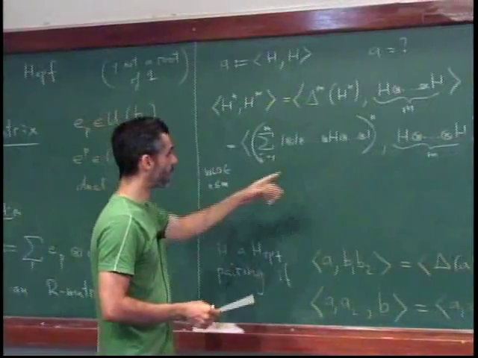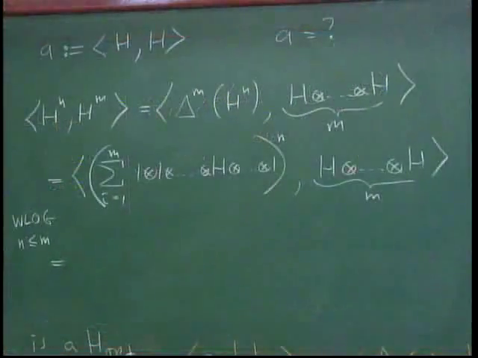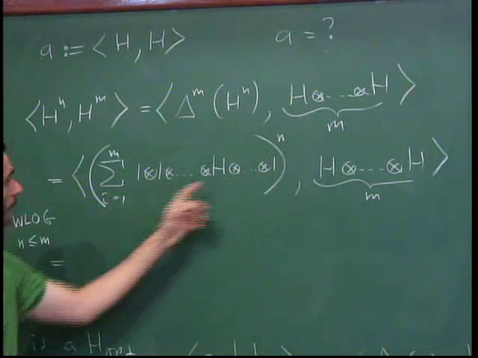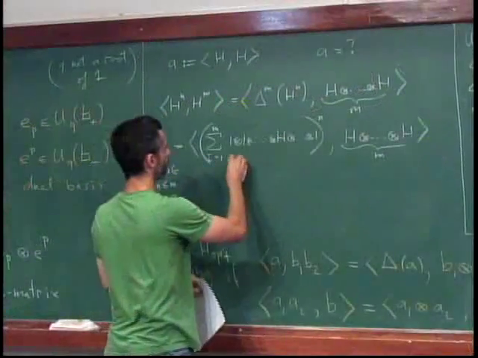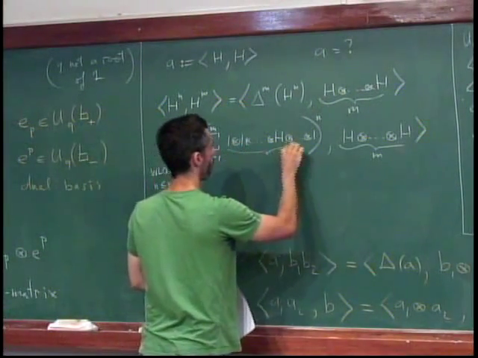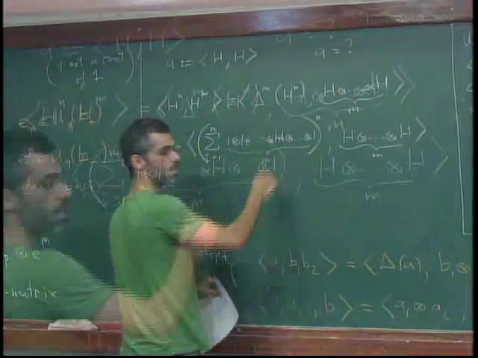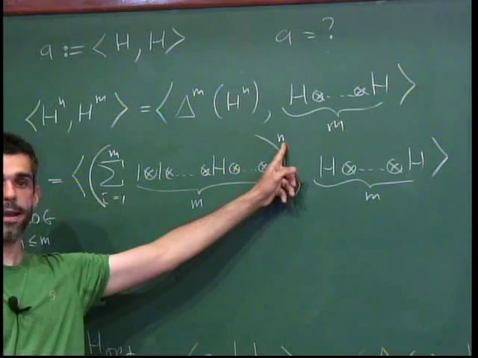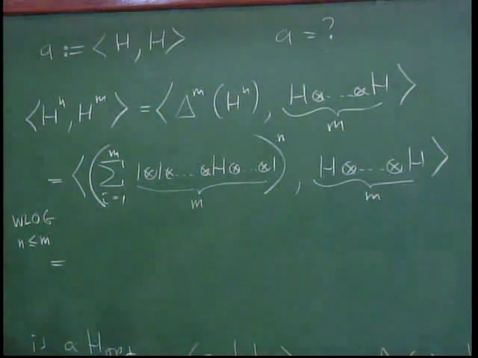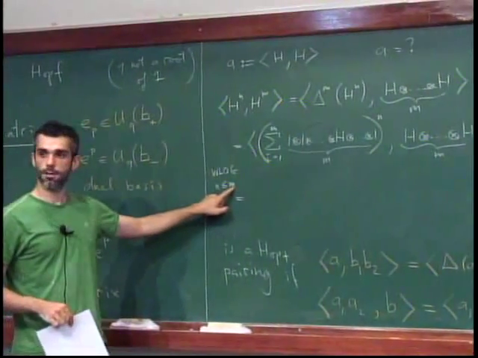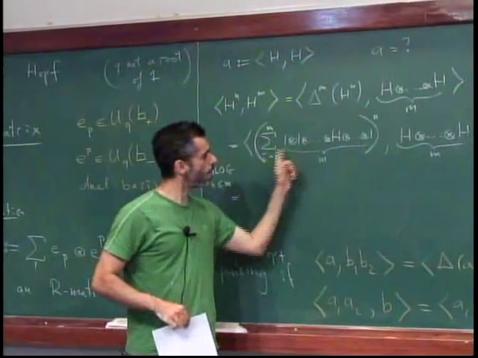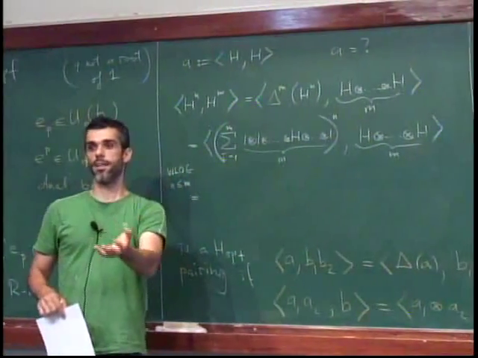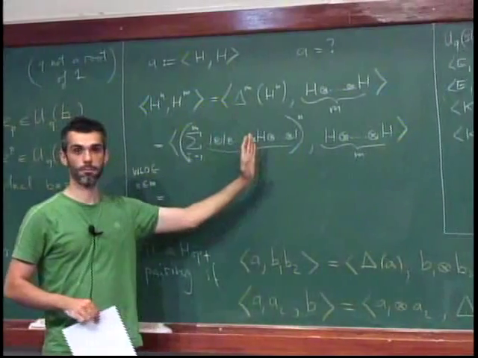If n is strictly smaller than m, then how many terms do we have? We have m spots, and we're taking this to the power n. So that's producing n h's that can come in some of these spots. If n is strictly smaller than m, then among those m spots there's going to be at least one that's empty, that just has a 1.